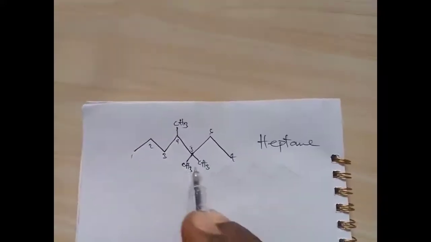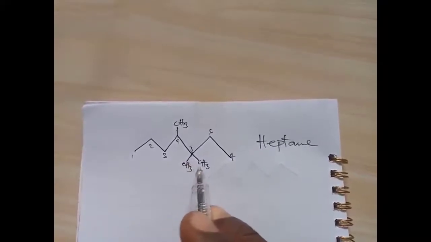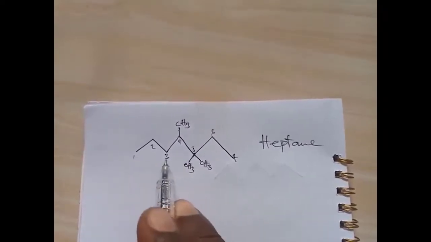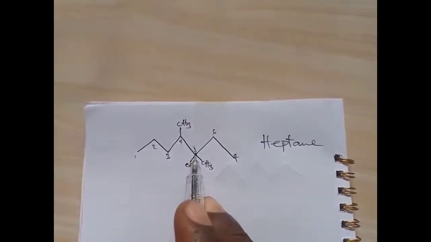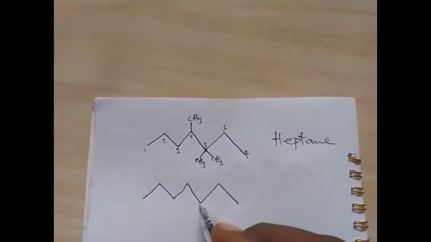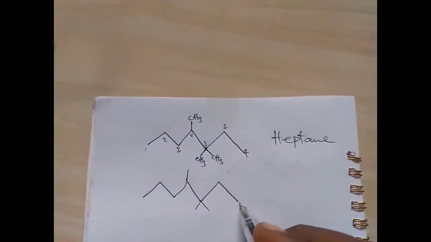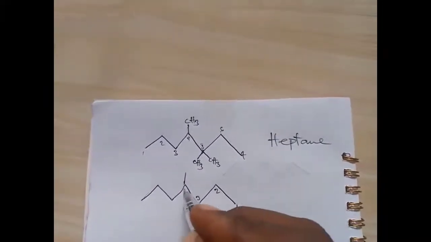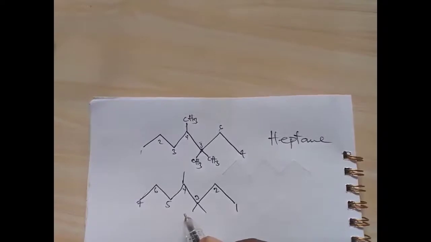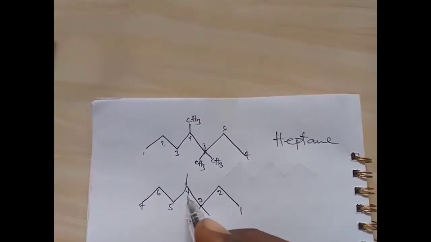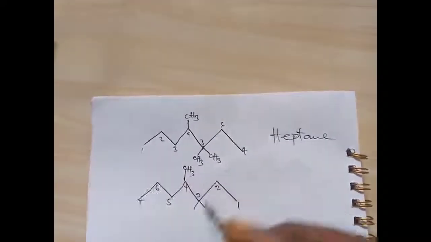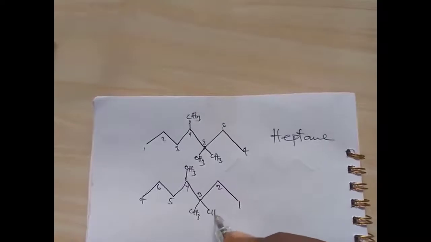Now we will name this to show where these substituents are, giving them the lowest numbers possible. If we start from here, it will be at the 4th and 5th carbon atoms. But if we name it from right to left, it will be 3 and 4. So 4 and 5 is higher than 3 and 4, so we're going to pick 3 and 4 instead of 4 and 5.